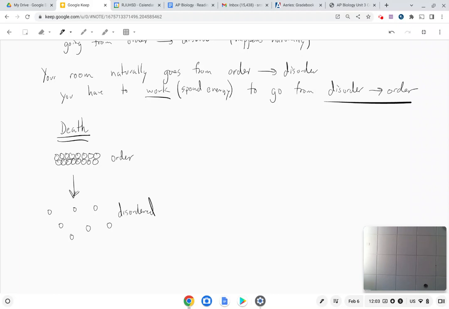And by the way, this process releases heat, which is energy, right? Say it's energy, releases energy. So that's cool, right?